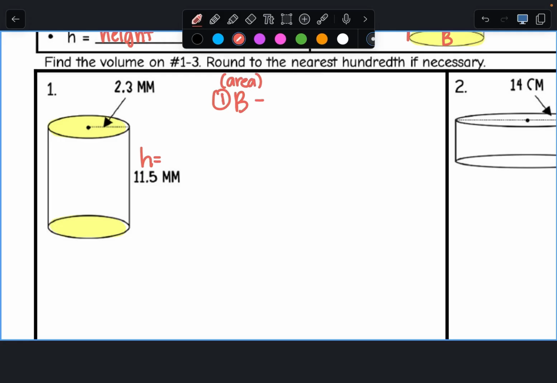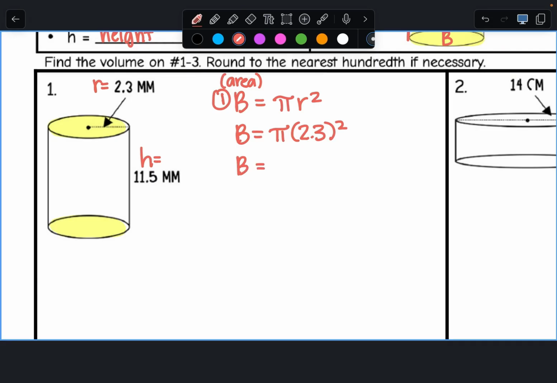And the area of the base, the area of the circle, is pi r squared. So to find that, we need r. What is r? 2.3. Okay, so we plug that in. Pi 2.3 squared.